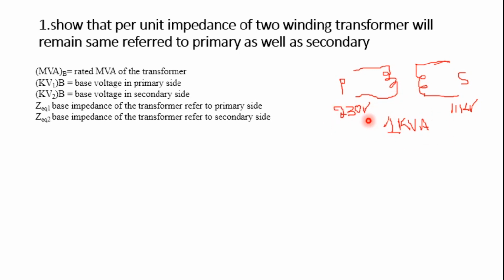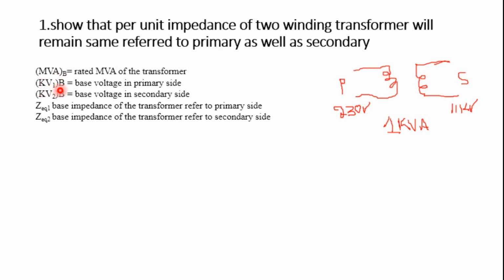Only the primary and the secondary voltage will vary. That's what I mean to say. I am writing it in terms of kVA, or MVA, for the example. The MVA base is the rated MVA of the transformer. It means whatever kVA we are considering will remain for the transformer. There is no change in the value, that you have to remember.